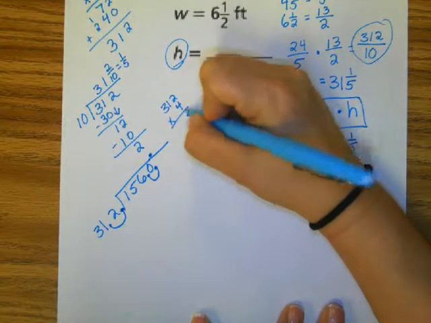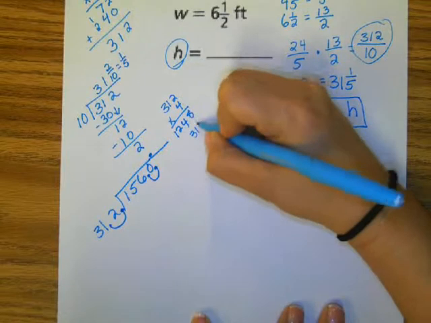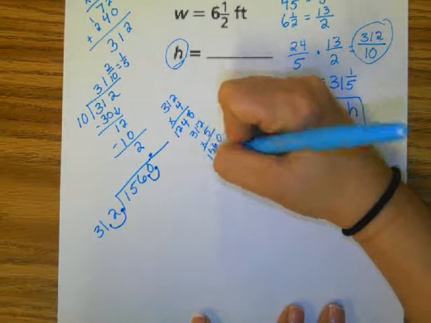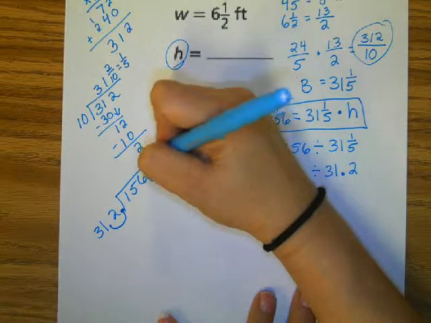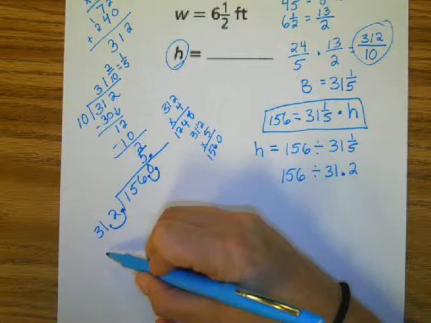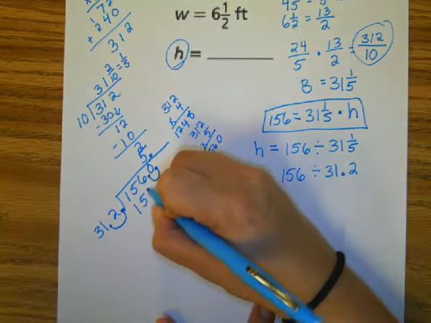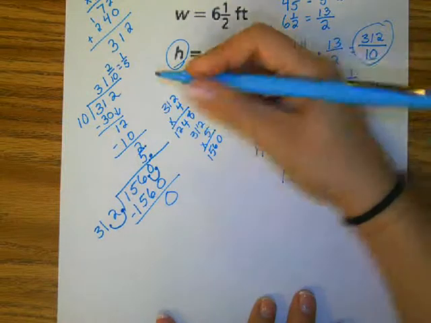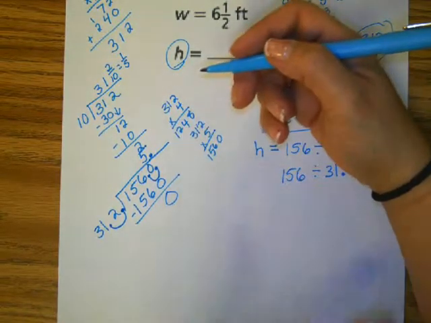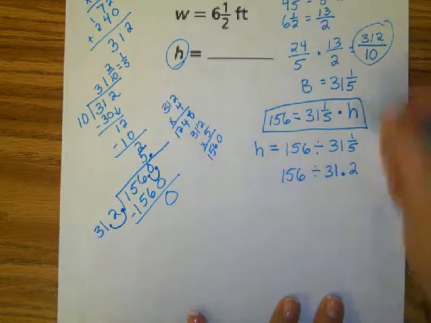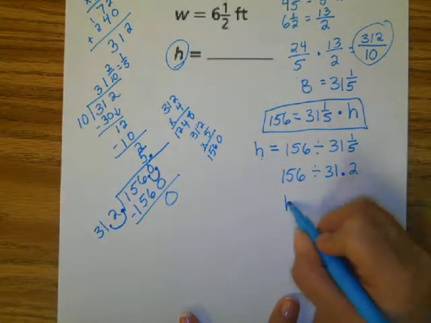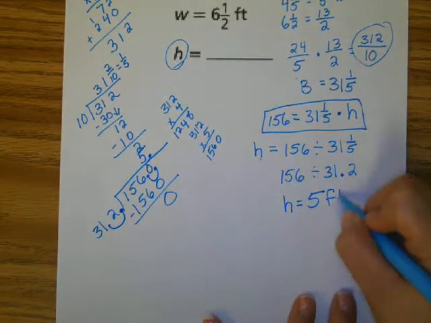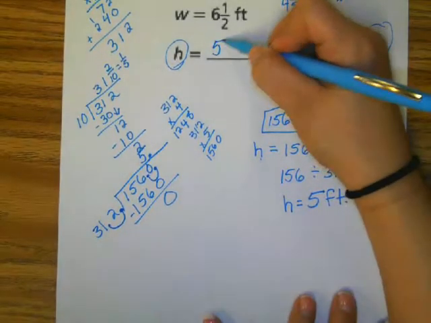Yeah. Evenly? Oh, no way. Oh, holy cow. Okay, I like it when it works out nicely. So 5 times 312 is 1,560, which leaves 0. So my answer is 5 decimal point. We all know that's 5 wholes, right? 5 wholes. So h must equal 5 feet.